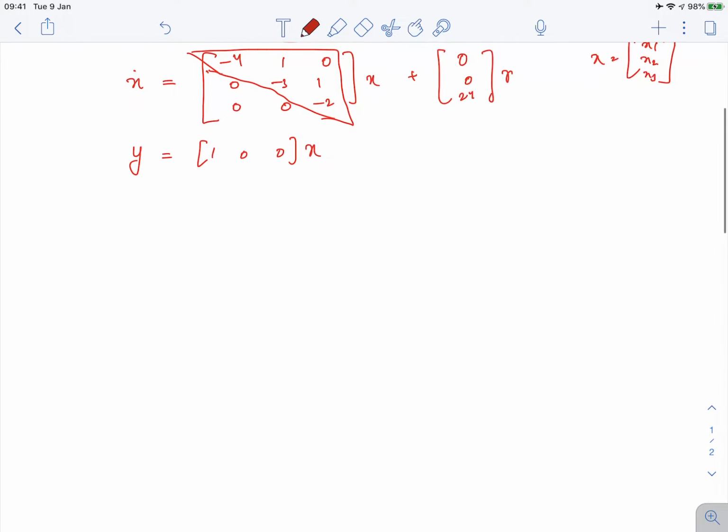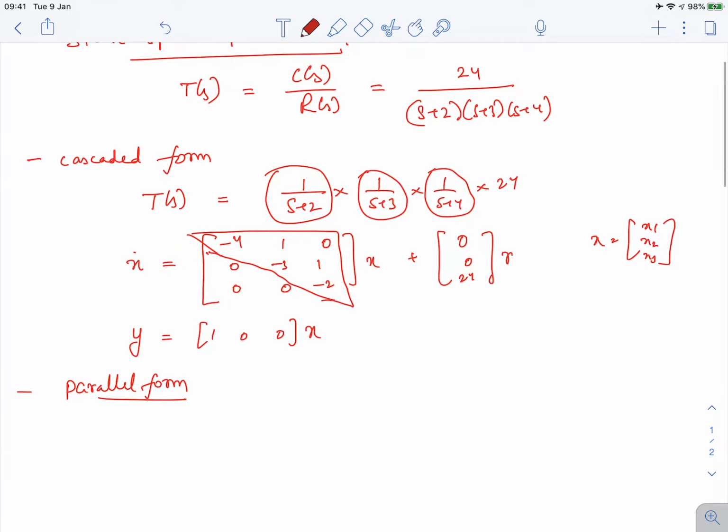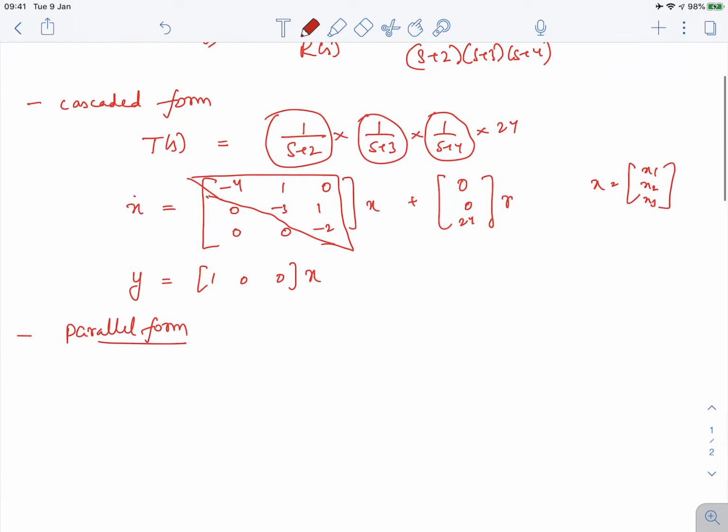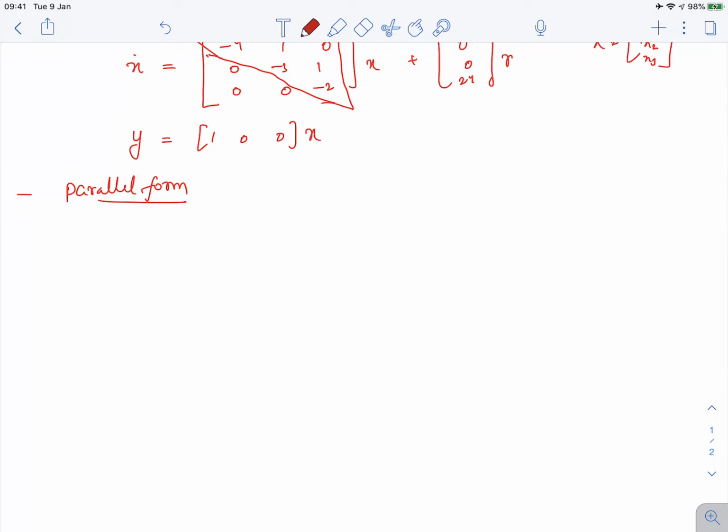Now another form we saw very quickly yesterday is the parallel form, where the idea is to take the partial fraction of this transfer function as the summation of lower degree transfer functions. So we have expressed C of s as R of s times 12 over s plus 2, plus 3, and 12 over s plus 4.